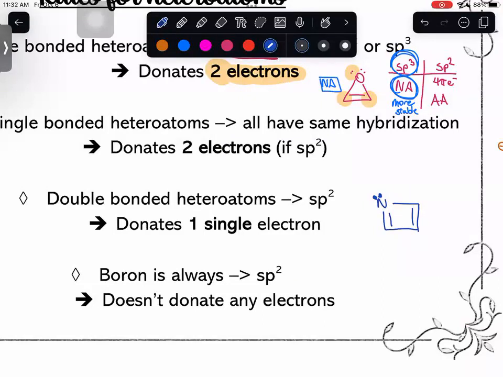So let's do the same process. Let's go through the requirements. Is it cyclic? Yes. Is it planar? Yes. Is it fully conjugated? Yes, because in this case, double bonded heteroatoms are always going to be sp2. So everything's sp2. We're happy, fully conjugated.